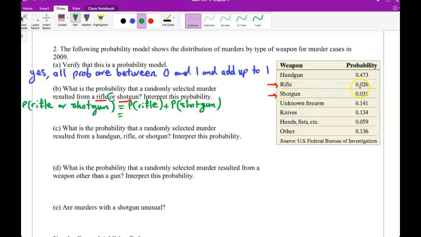For rifle we have 0.026, and for this part 0.031. So add these, and the answer is 0.057.